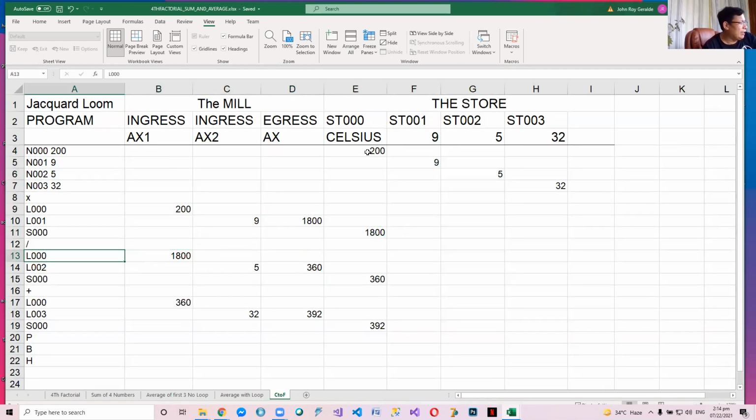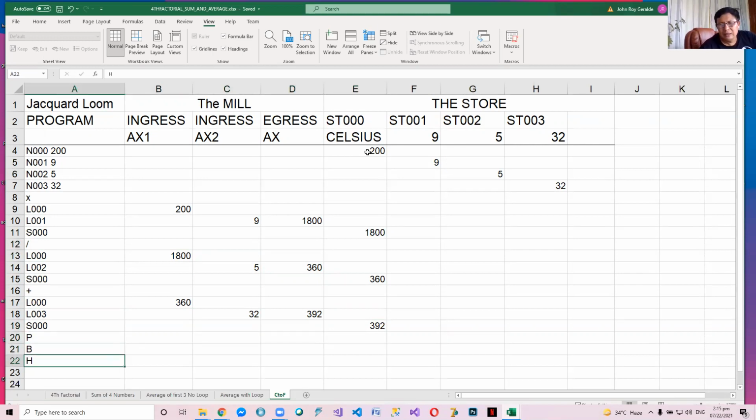So we divide L000, 1,800, by L002, which is 5. So 1,800 divided by 5 is 360. We store it as the partial answer, 360. And finally, we add 360 with 32. So we will have 392. And we will have a halt.